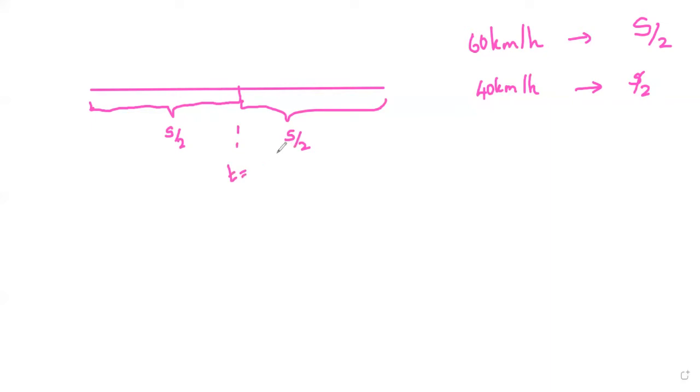I don't know whether we need the time here or not, but let's put it like this. Next, we can mark that the first part is moving with 60 kilometer per hour, and the next part with 40 kilometer per hour. These are things we can directly mark on this.